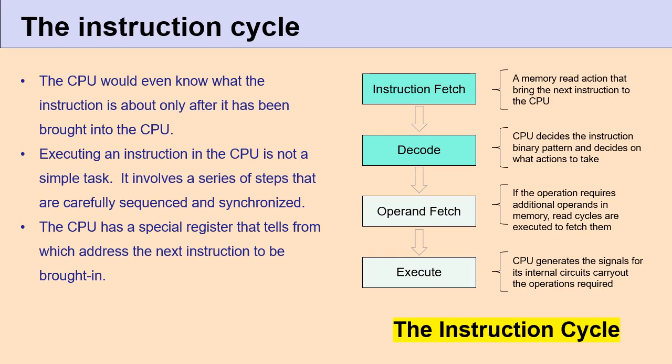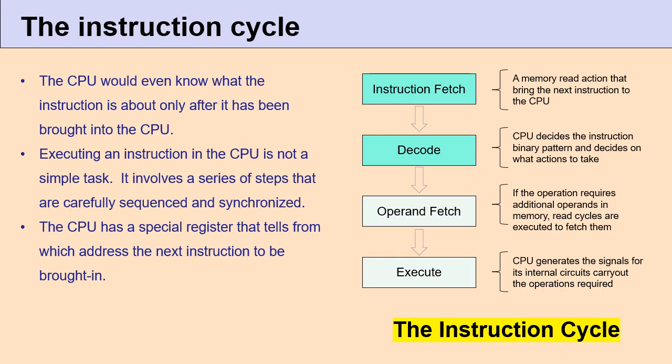The latter 2 parts of the instruction cycle, the operand fetch and the execute part, can be variable. They can differ from one instruction to another. For example, an instruction like the no operation instruction will not require any operand fetch or even any execution, because it is not doing any task.